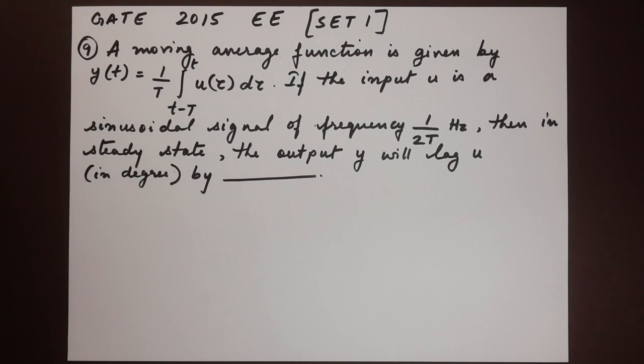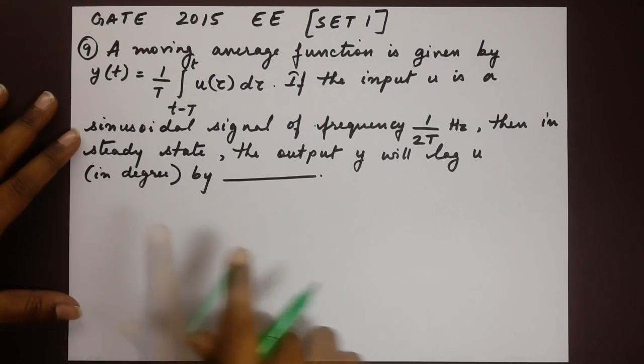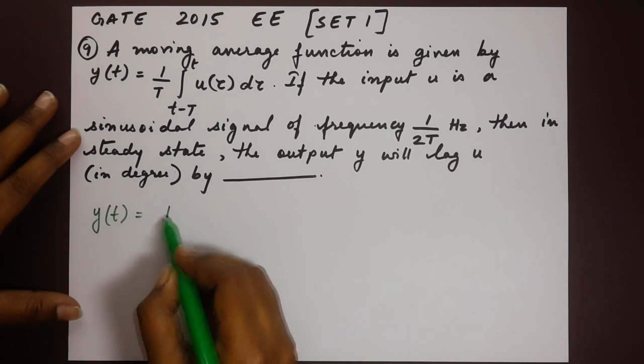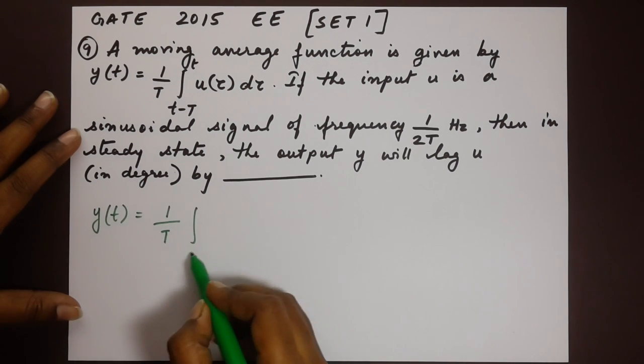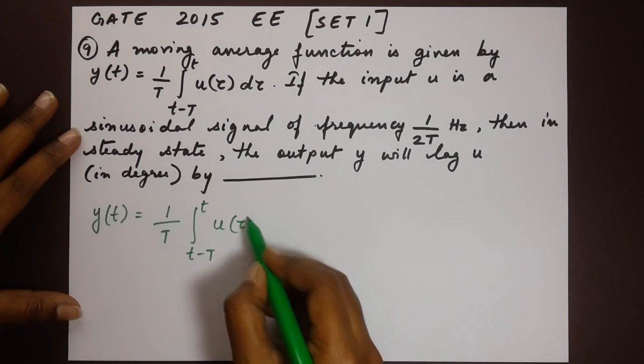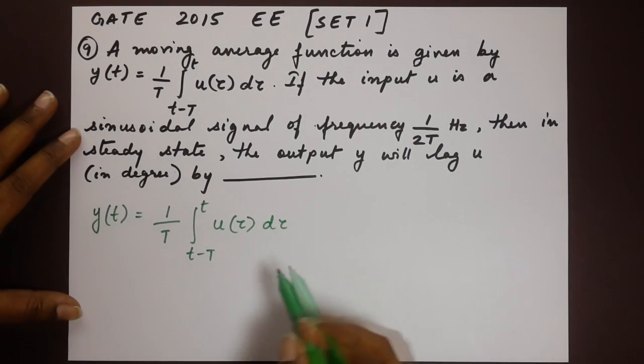Now the question tells us that the function is given y of t is equal to 1 by T integral from t minus T to t of u of tau d tau.